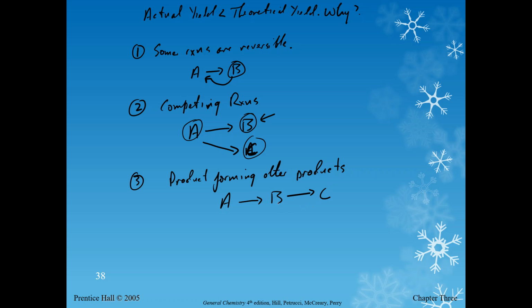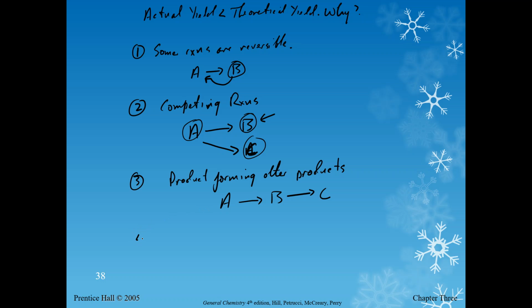So therefore, again, as you can imagine, it's kind of obvious that the fact that B itself will react to form C will reduce the amount of B that will be present or that will be formed, and therefore, as a result, the actual yield will be less.